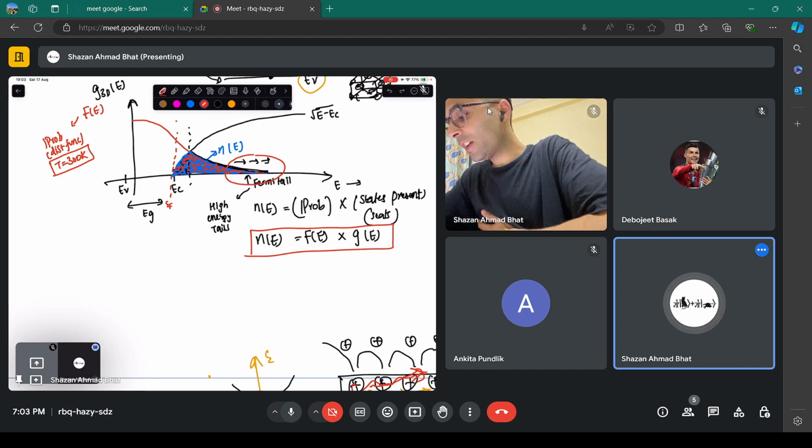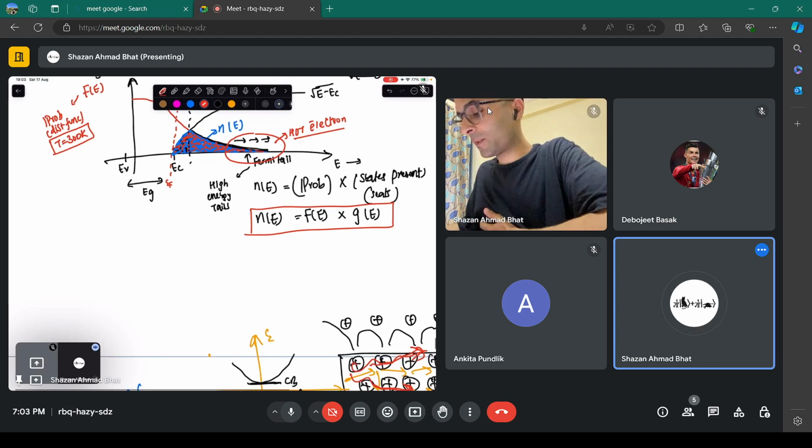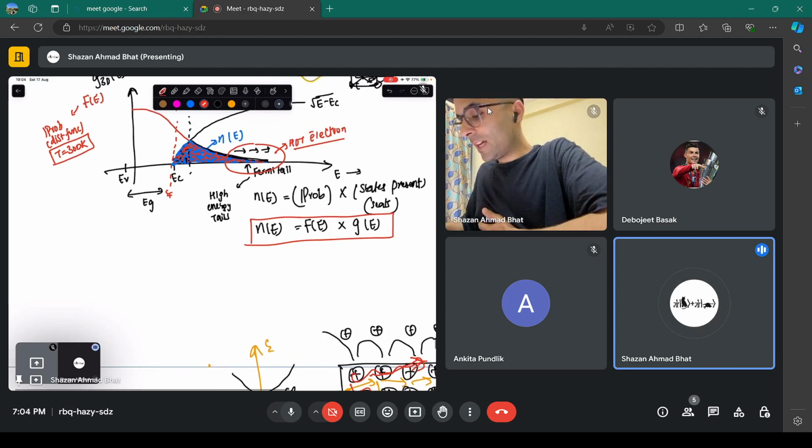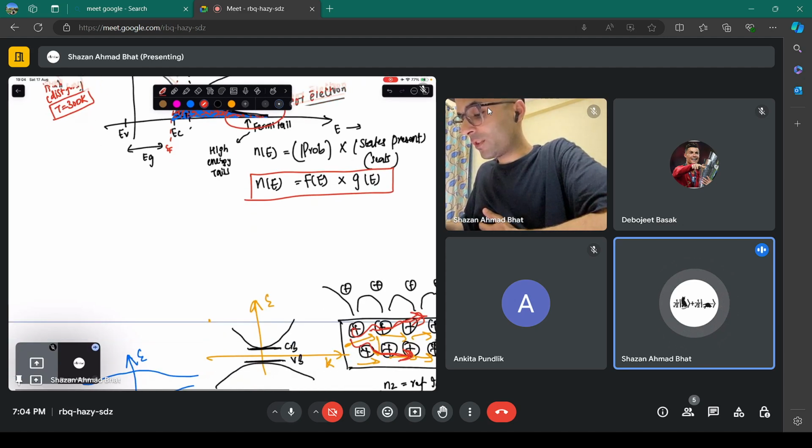These electrons are something called hot electrons. Hot electron just refers to the energy of an electron. It's a very high energy electron. That is the number of electrons with respect to energy.